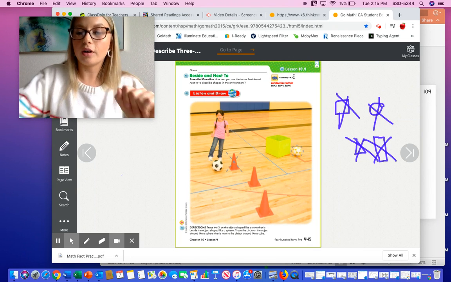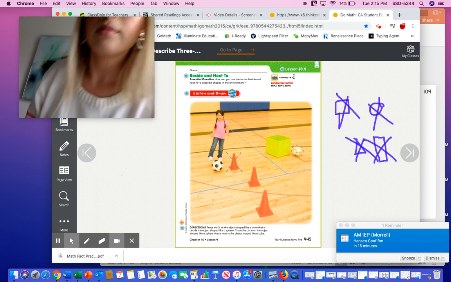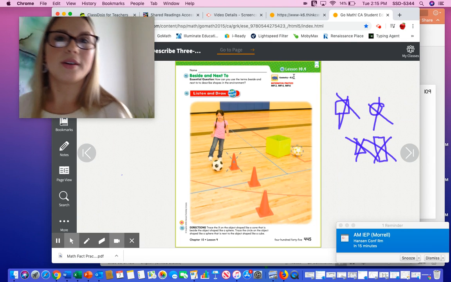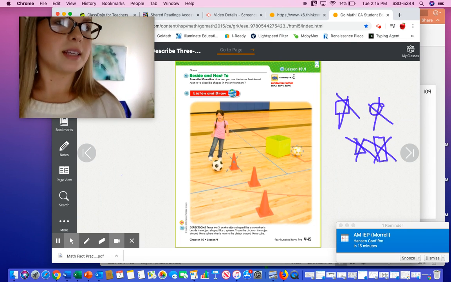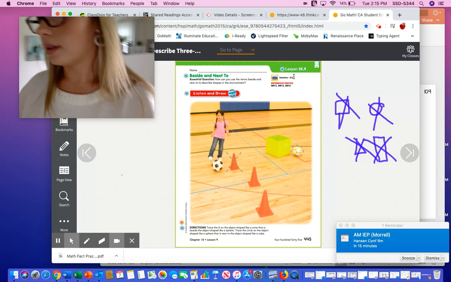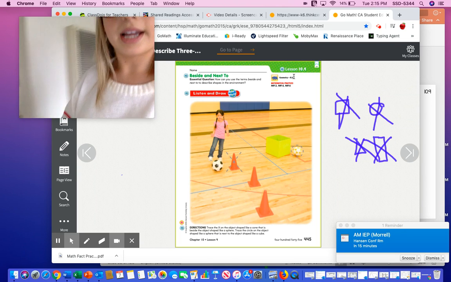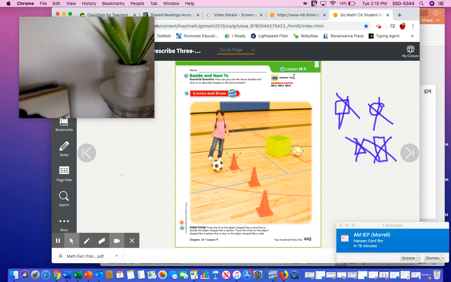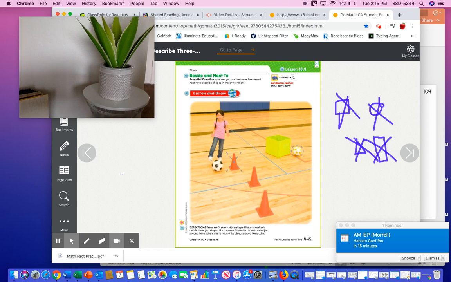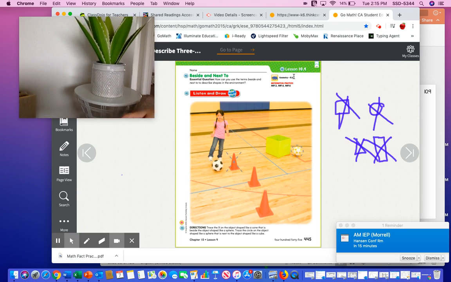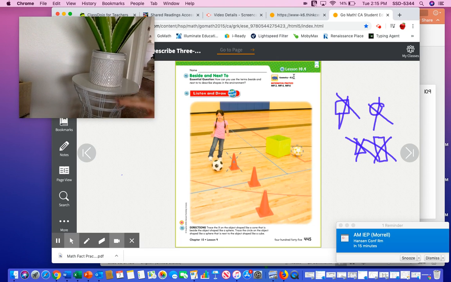I'll take my computer. I'll go give an example. Oh, you're coming with me. All right. Let's find something above or below. Okay, I have an example. All right. My plant is above the stand.